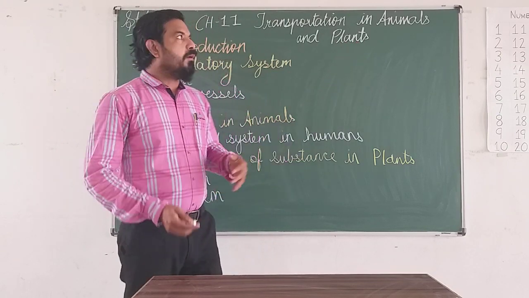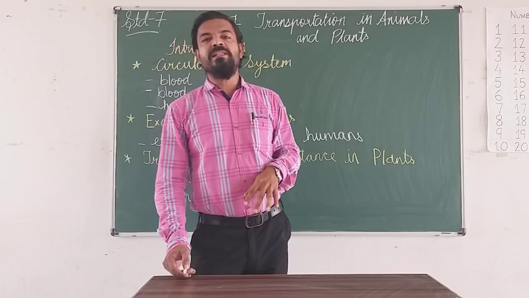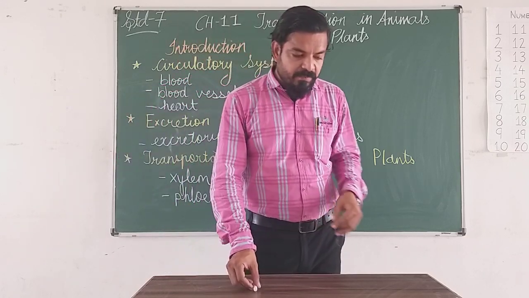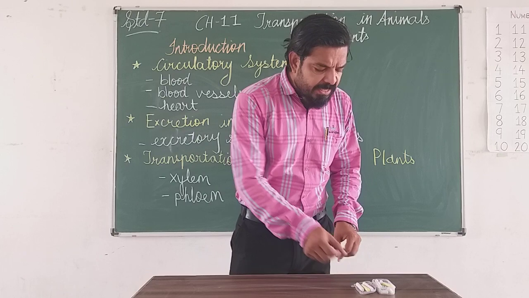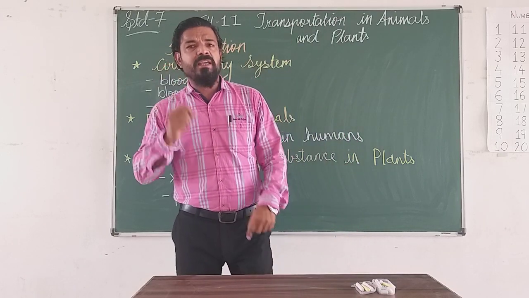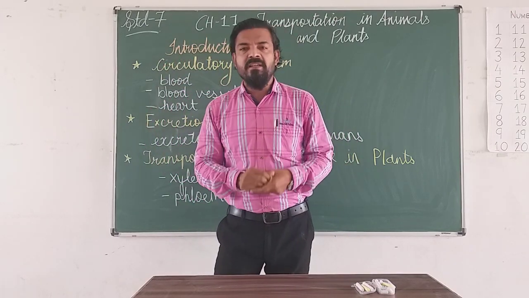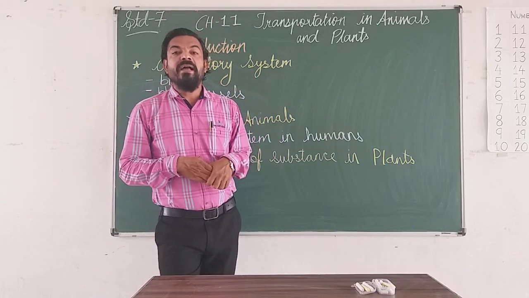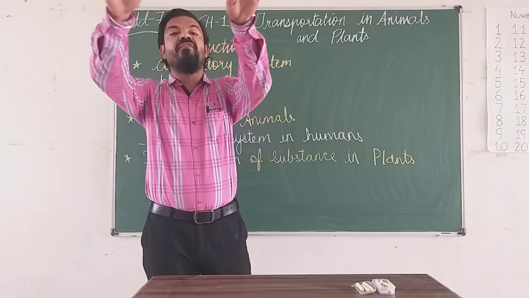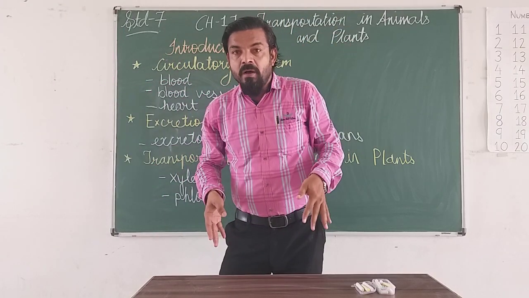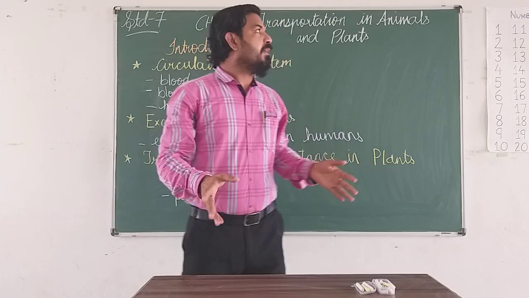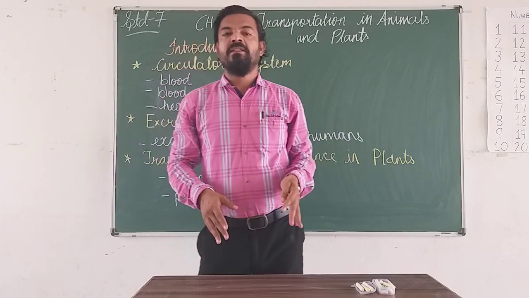Now, what is transportation in animals and plants? What exactly does it want to tell? It means the material or the food or any kind of thing which you take from your mouth goes to the different parts of the body, also in the different parts of animals and plants.